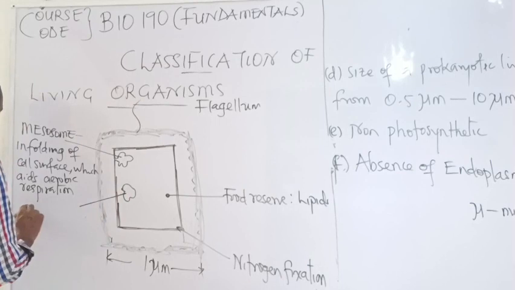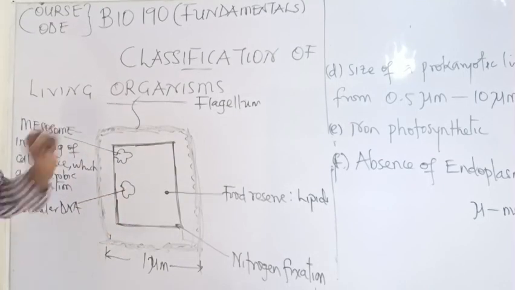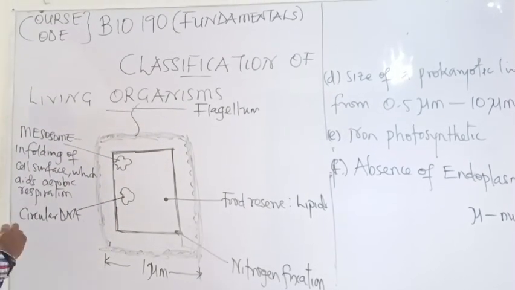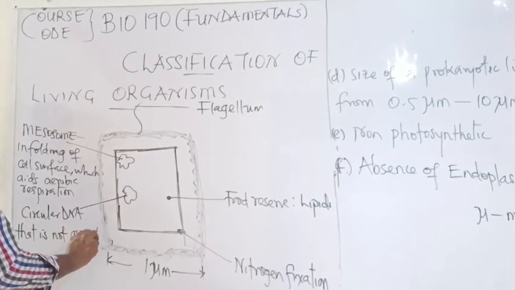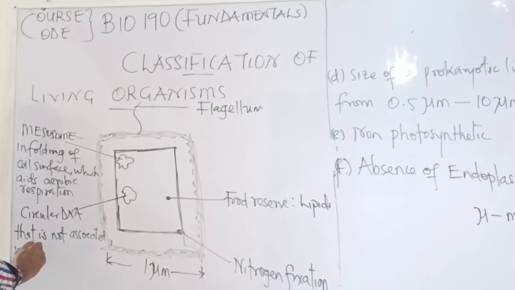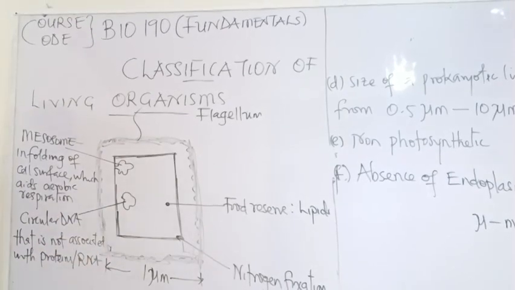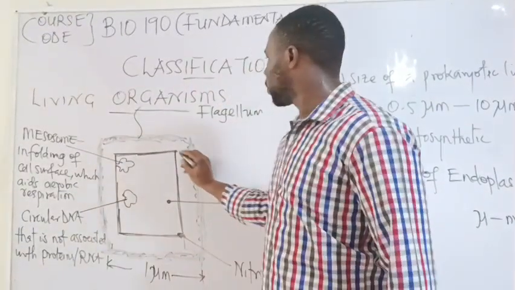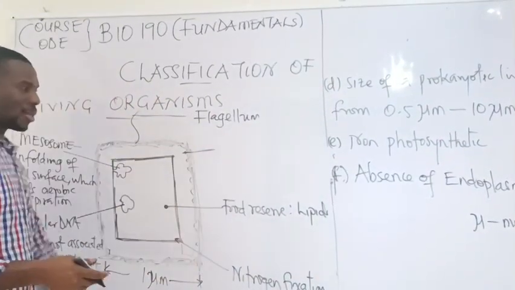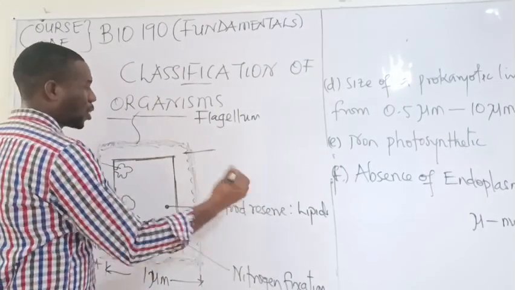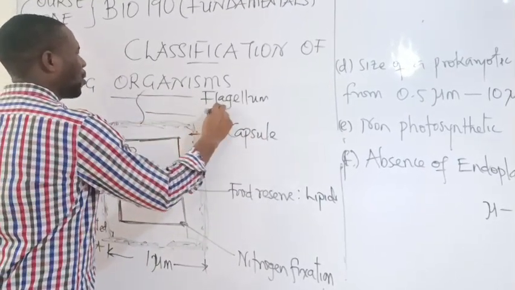So this is a circular DNA, but of course you could see it's not housed in a nucleus. It is a circular DNA that is not associated with either proteins or RNA, so it's totally free. Then we have the capsule, which likely gives this cell protection. There are pili here, likely for reproduction.